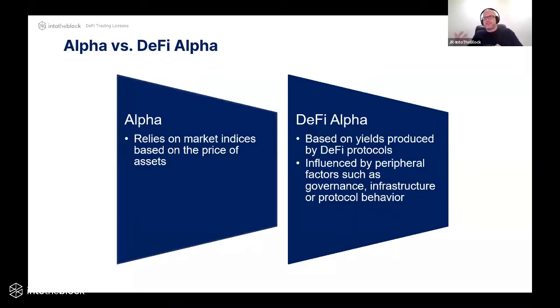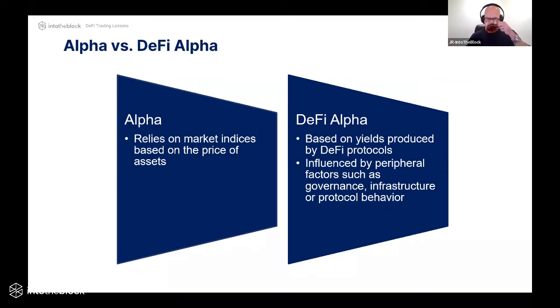In traditional markets, alpha is essentially the portion of a return that outperforms a market index. And because market indices are a very good representation of markets, they're accepted as a standard. Since the 1960s, there was an entire movement with passive investing, and smart beta in the 90s and things like that, that created an entire theory around indexing in capital markets.